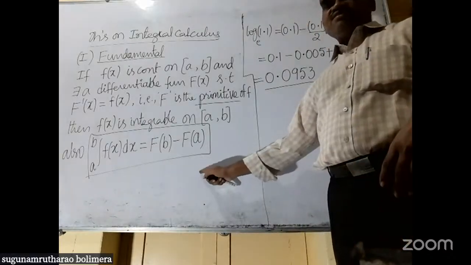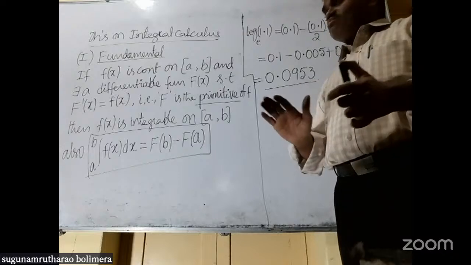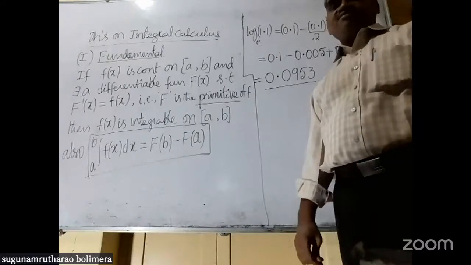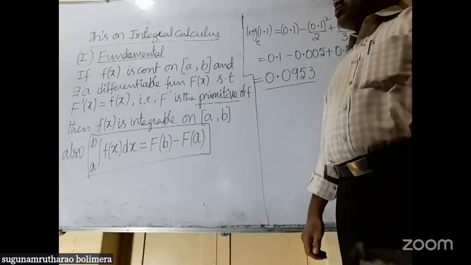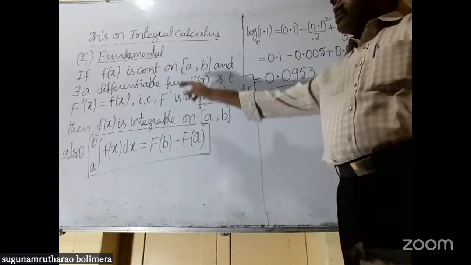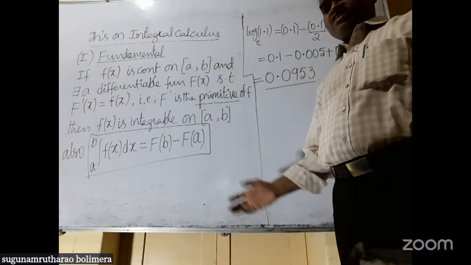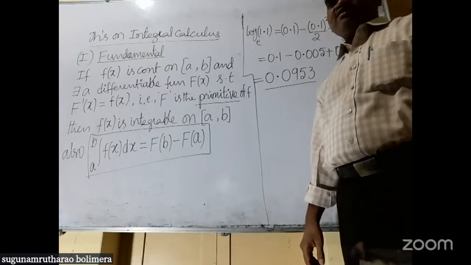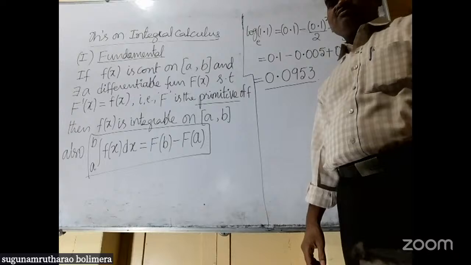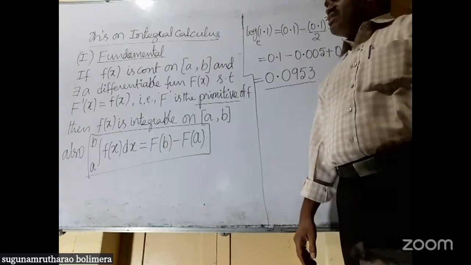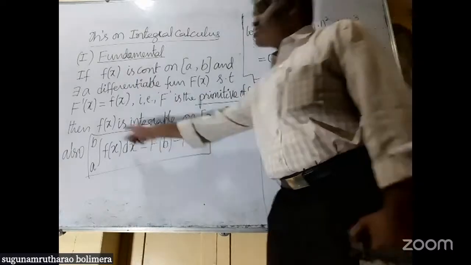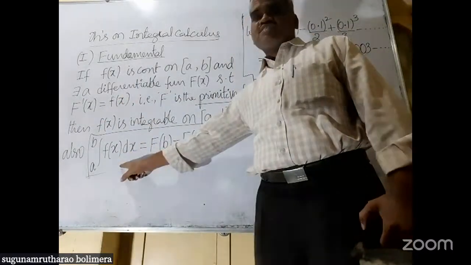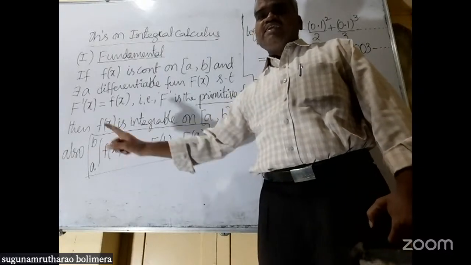So have we written this? Now let us do a problem related to this, which was given in previous examinations. In order to do the integration, it must be continuous, and there must be a differentiable function such that capital F dash of x equals small f of x, which can be easily integrated.